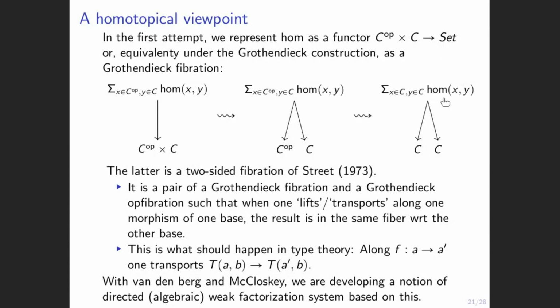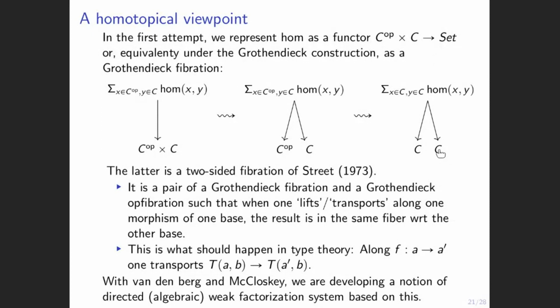He called it a two-sided fibration, which, as I said, is a pair of a Grothendieck fibration here and a Grothendieck opfibration here, and the pair interacts in a nice way, such that if you lift, in the vocabulary of Grothendieck fibrations, or transport, in the vocabulary of type theory, along a morphism in this one, then what you get up here will not change the fiber over the other one. Think of it as a function from the fiber here to another fiber; it will leave the other one that you're not transporting along fixed.